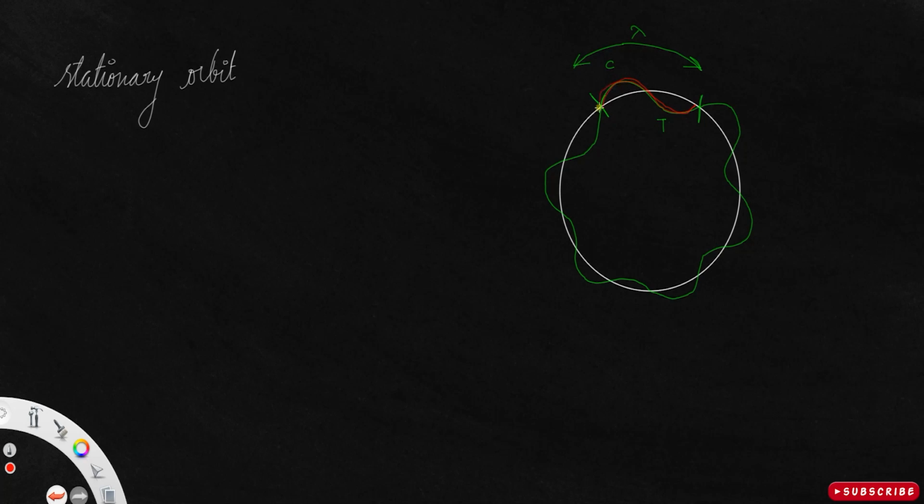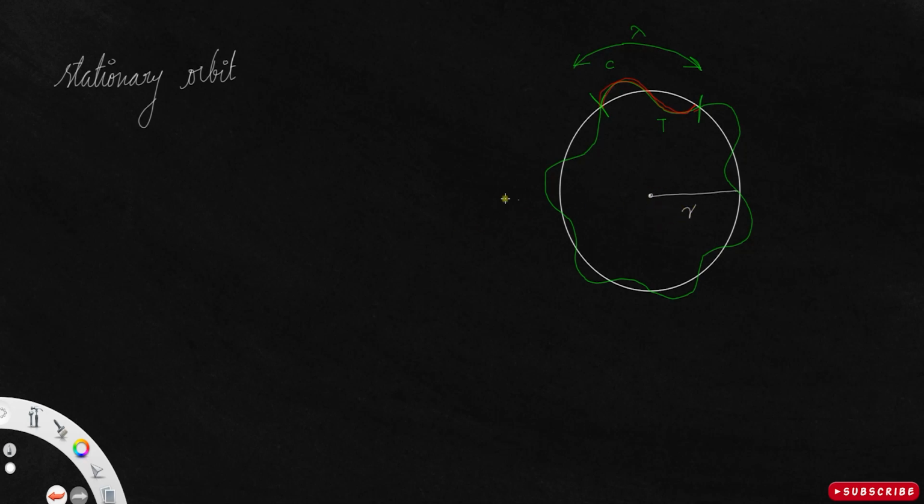Okay. Now the second condition for being a stationary orbit is that this path, that is this circular path, should contain an integral value of lambda, or an integral value of wavelength. Let r be the radius of the circular orbit.